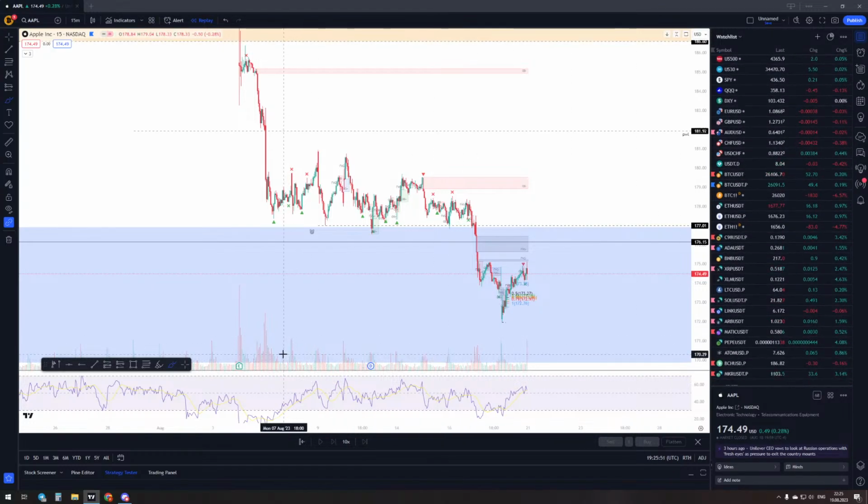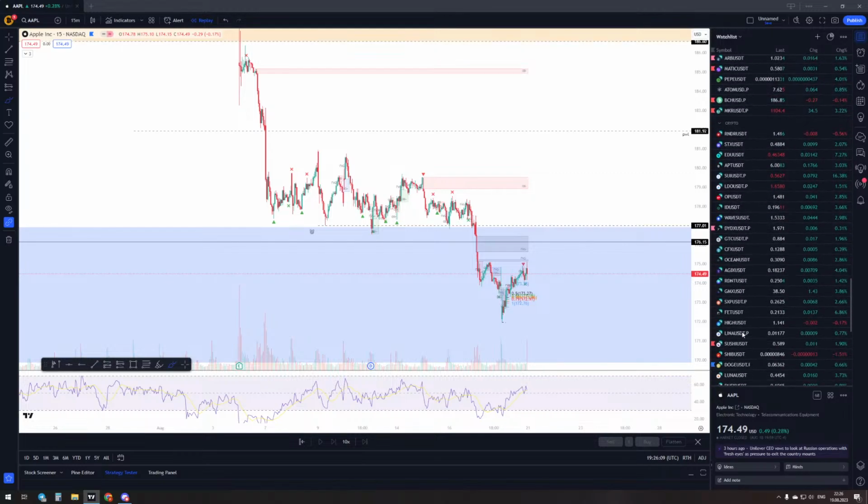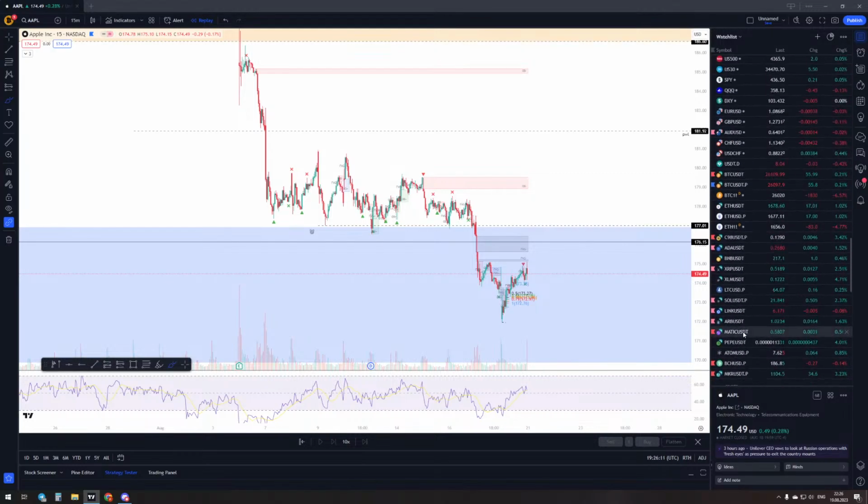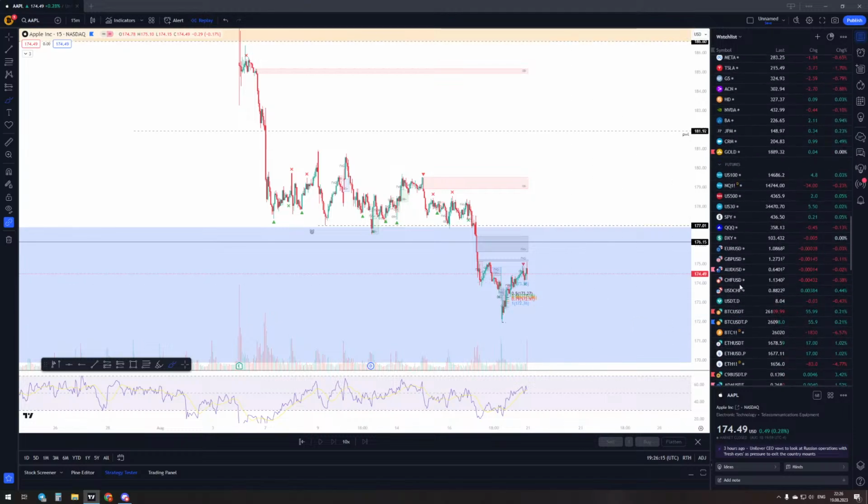Also, if you want me to check any specific asset, for example you want me to check XRP, Link, maybe Shiba, Doge, any coin, just let me know, I will check it.